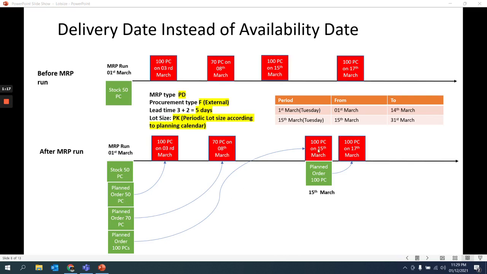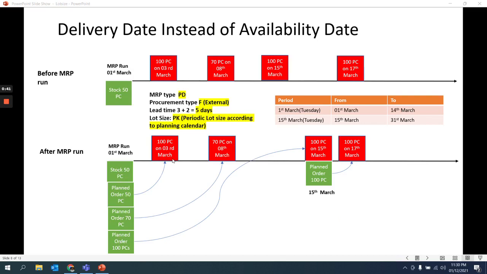Since my third requirement is on 15th of March, it comes under the second planning cycle of the vendor. If the vendor delivers the material on 15th of March, we cannot fulfill the demand because 2 more days are required, so this demand can only be fulfilled on 17th. So what will the system do? System pulls this requirement into the previous planning cycle, that means 1st of March to 14th of March, and creates 3 planned orders.